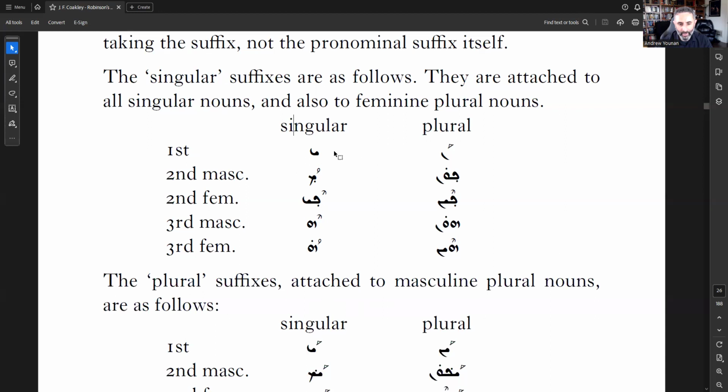But my house, beiti; your house, beitach; your house when you're talking to a woman, beitech; his house, beiteh; her house, beitah; our house, beitan; your house, masculine plural, beitchon; feminine, beitchen; their house, beithon; their house, feminine, beithen. So: i, ach, ech, eh, ah, an, chon, chen, hon, hen.